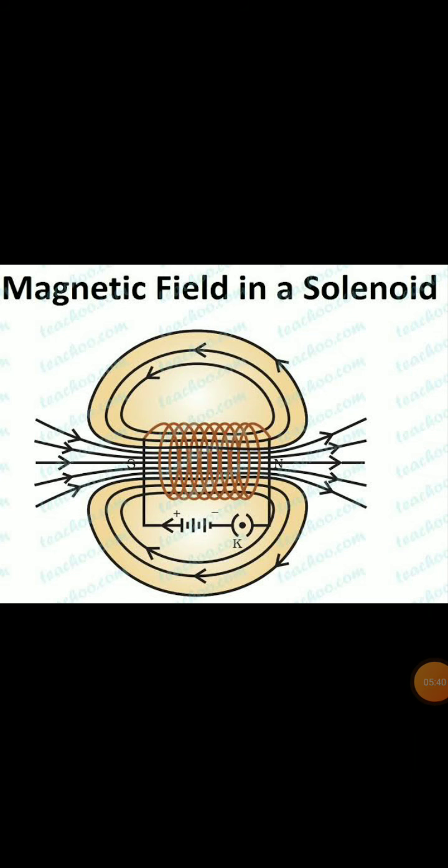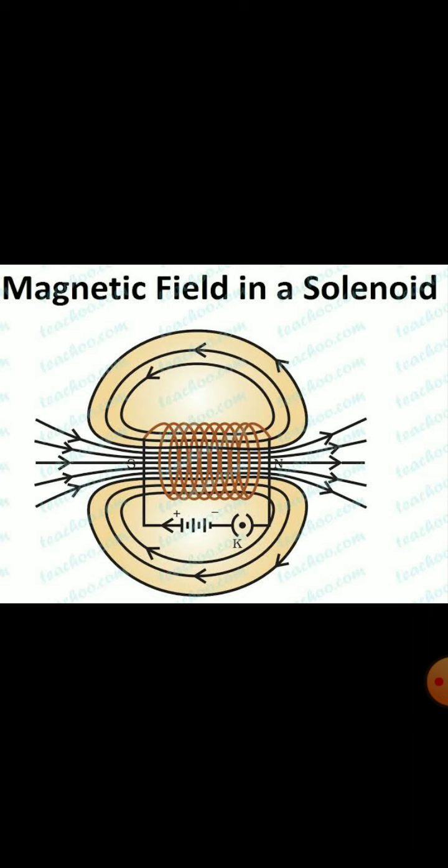In the figure we can see one end of the solenoid is attached to a battery and another is attached to a key. When the electricity is passed through this solenoid, it will produce a magnetic field and the pattern will be like this. And it is similar to what? Similar to a bar magnet. And we know around the bar magnet, the direction of magnetic field is from north pole to south pole.